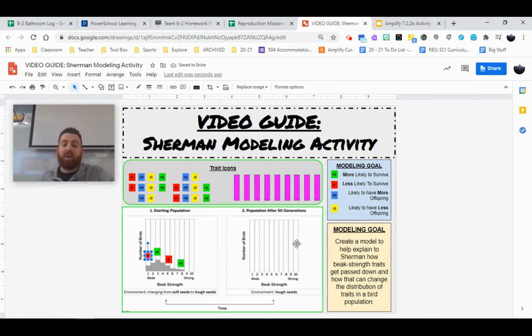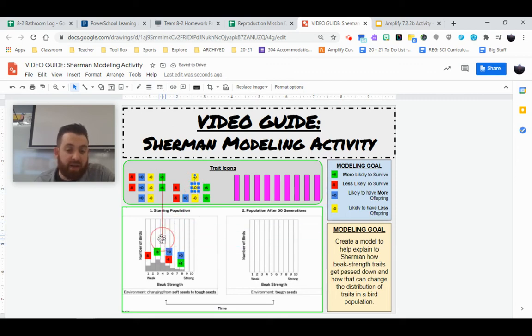After that, we then have to figure out which ones are more likely to have offspring and which ones are less likely to have offspring, thinking about which ones may die and not reproduce versus those that might survive and reproduce. We can put icons above other icons to show that these are not only more or less likely to survive, but they're more or less likely to have offspring.